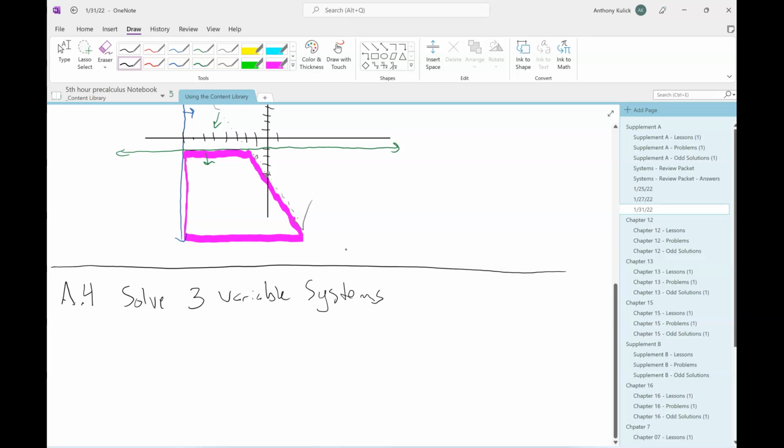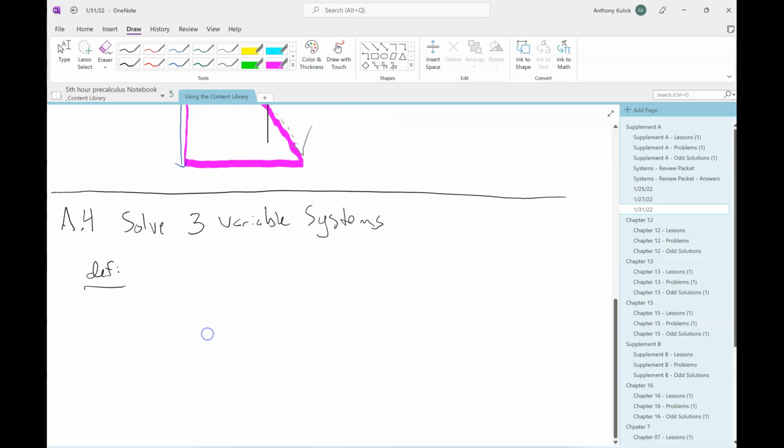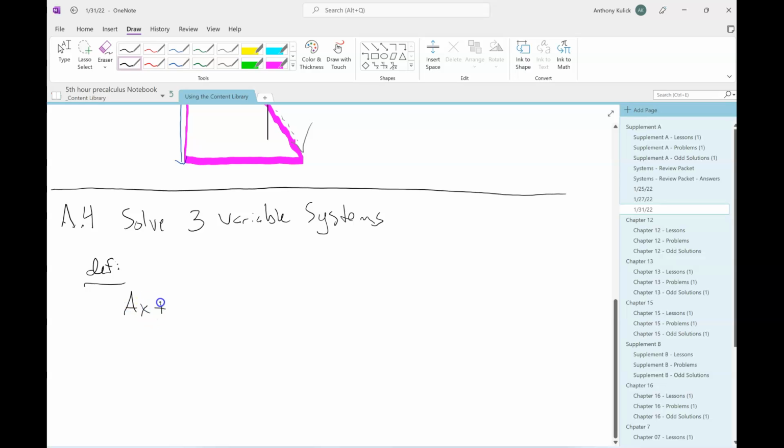So a 3-variable equation is something that looks like this, where the x, y, and z are our variables, and the a, b, c, and d are our constants.